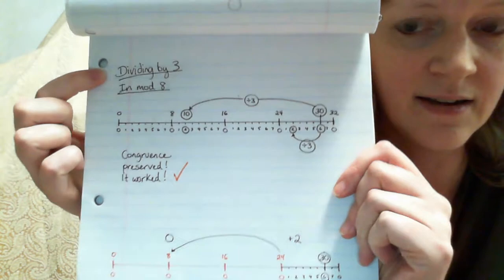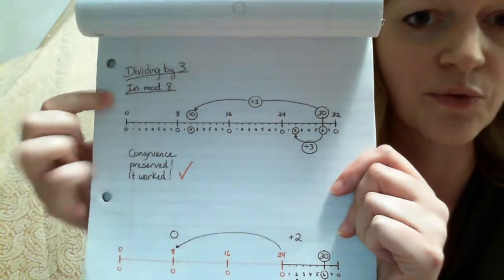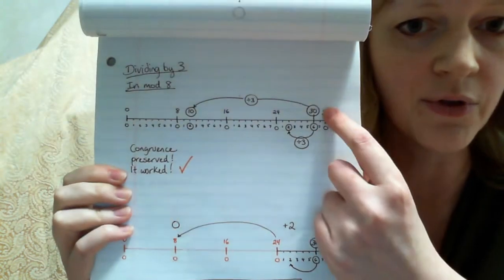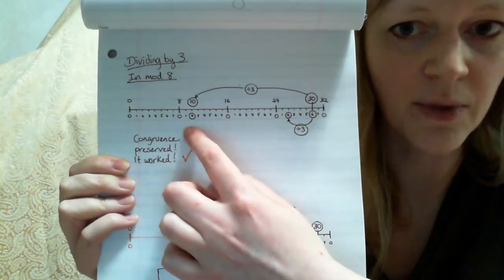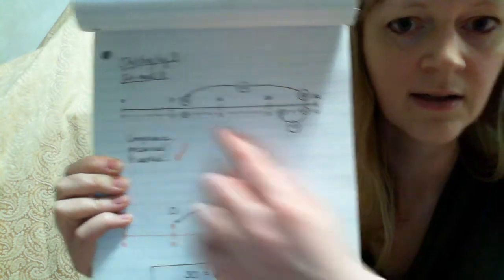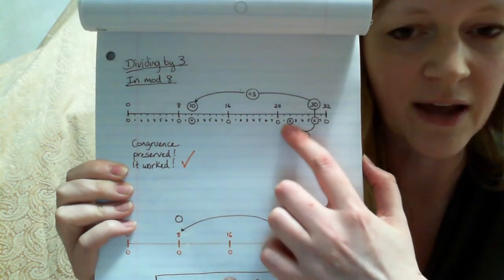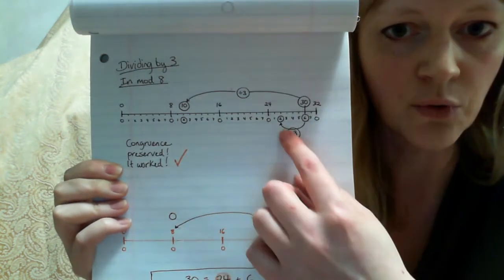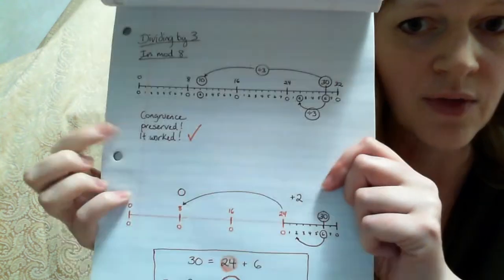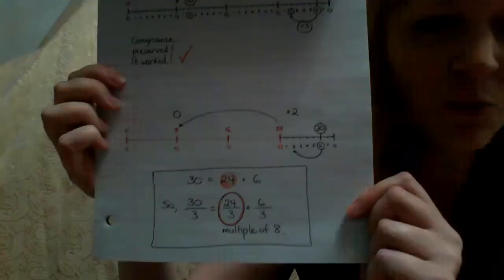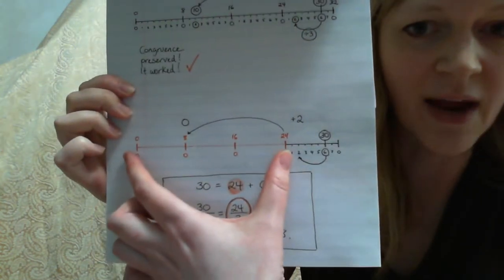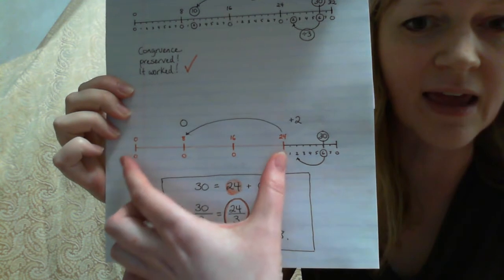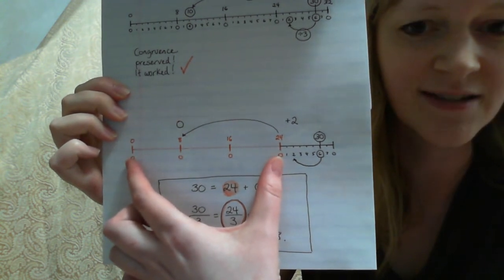So let's look at mod 8 again, and let's look at dividing by 3. So here's that same example, 30 congruent to 6. When we divide it by 3, it ends up in the same spot as 6 divided by 3, both congruent to 2. So that worked. Let's look more closely at what's happening. This section right here we can think of as being somewhat extraneous.